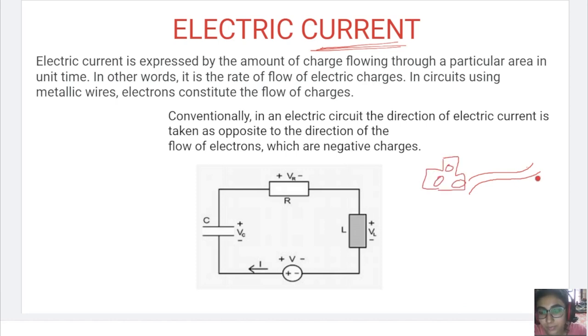So current is both flowing through the wires that we can see and also through the wires that we cannot see, which end up in sockets, and these sockets also contain current in them. So what we put here is that we put plugs here, right? So this is all that we have known growing up about currents.